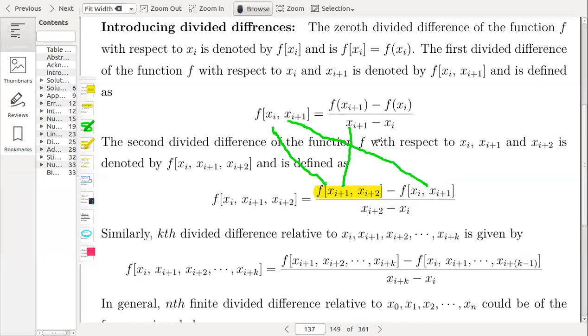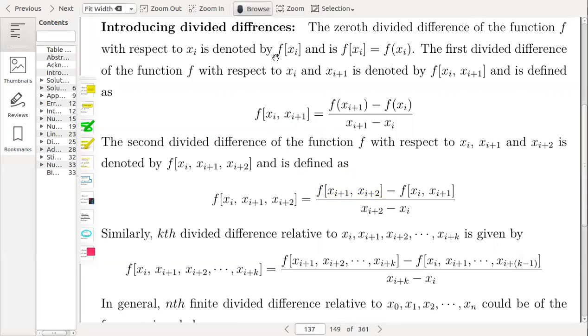The second divided difference of the function f with respect to xi, xi+1, xi+2 is defined as follows. For the second divided difference we need 3 points. For the first divided difference we need 2 points, xi and xi+1, and for the zeroth divided difference we need 1 point.